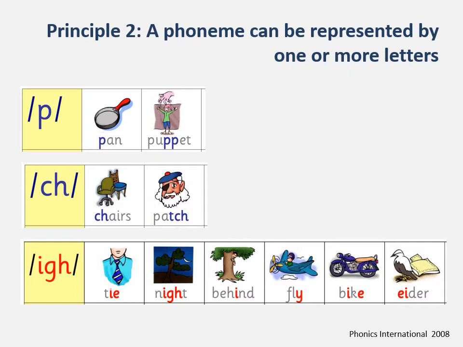It can be represented by a Y. It can be represented by an I with an E separated from that I, the E turning the I, the short vowel, into an I long vowel. And it has an EI for that sound.